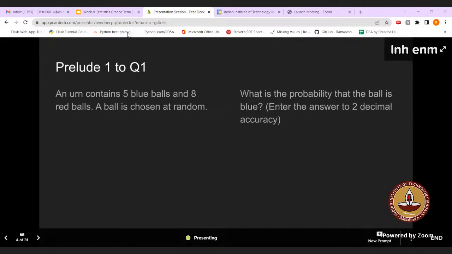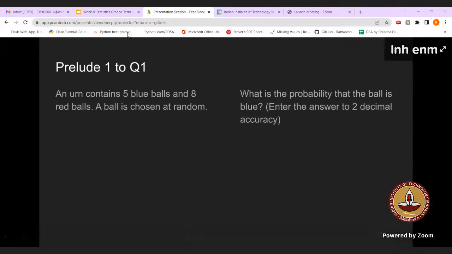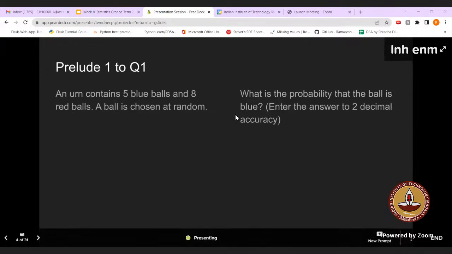Sir, where do we give the answer? There is no option for giving an answer. There's no text box, sir.